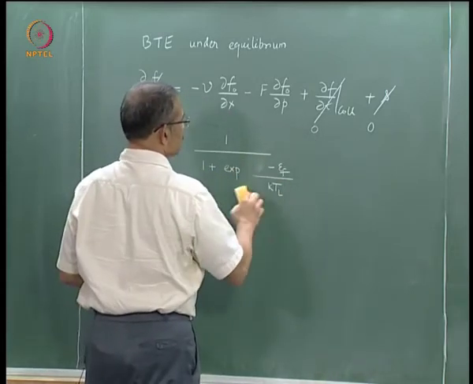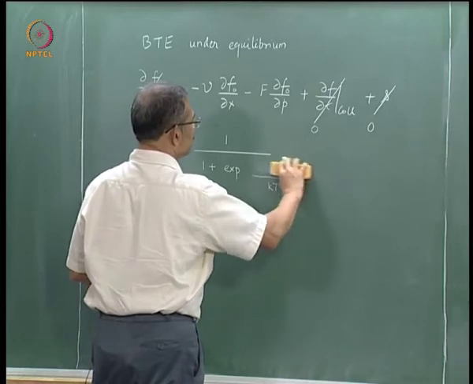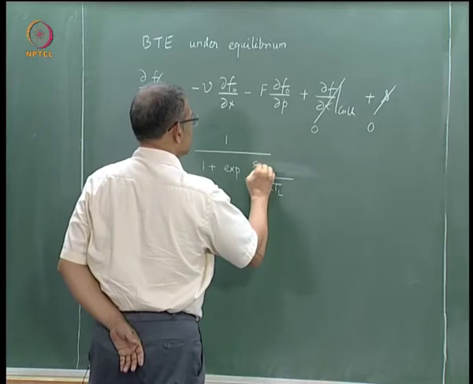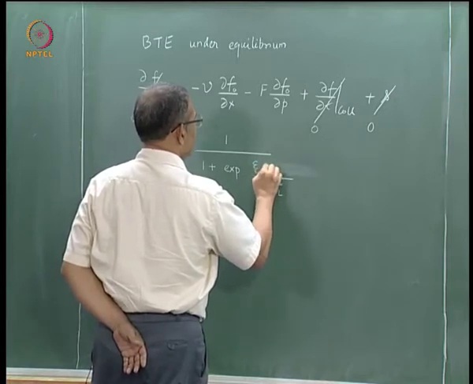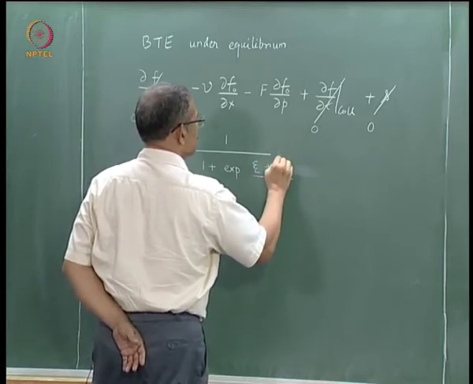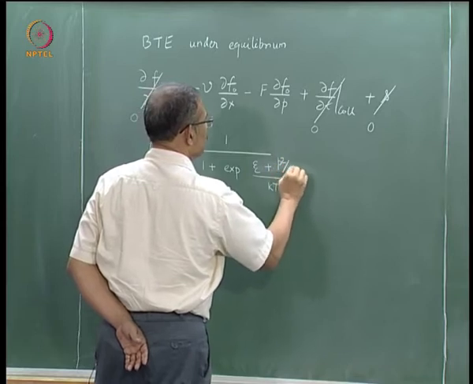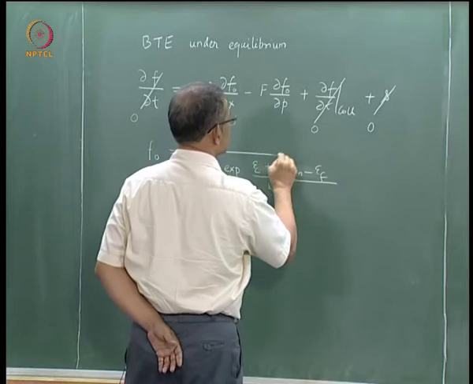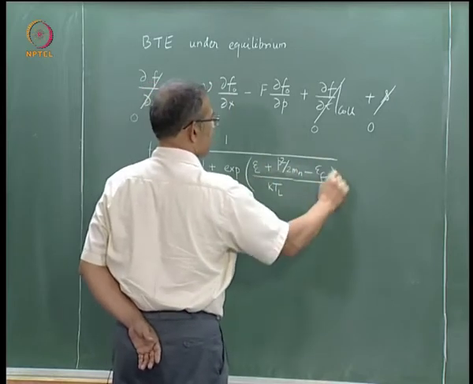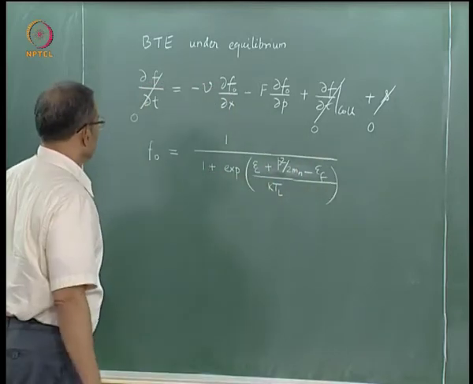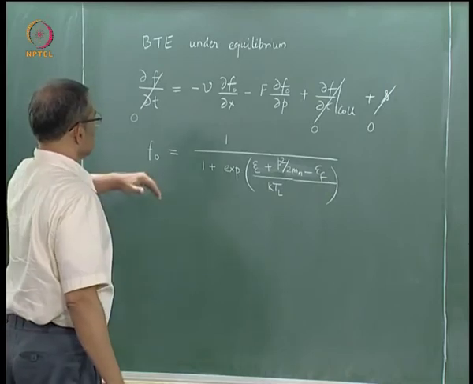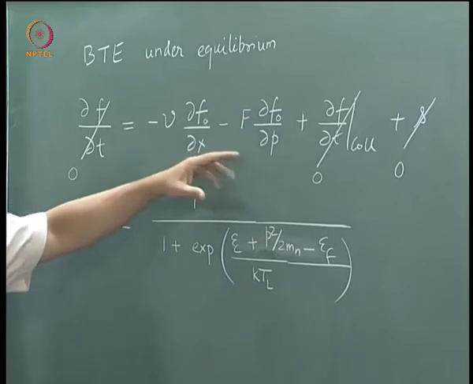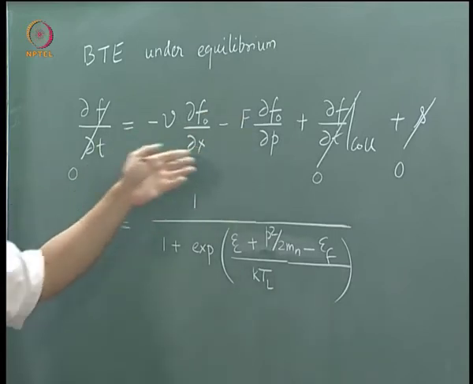So let us write this total energy in terms of potential and kinetic. So this is EC plus p square by 2 mn minus EF. If this is a solution, then when I substitute this in this equation, the sum of the two terms should become 0.